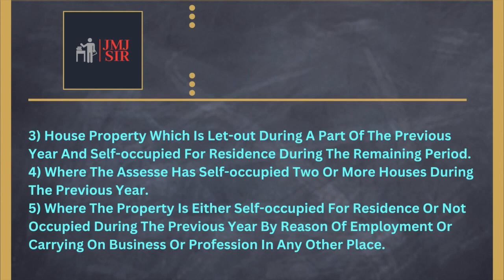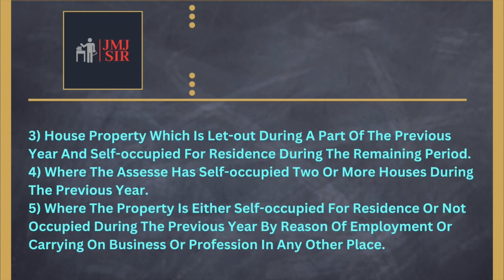House property which is let out during a part of the previous year and self-occupied for residence during the remaining period, where the assessee has self-occupied two or more houses during the previous year, and finally where the property is either self-occupied for residence or not occupied during the previous year by reason of employment or carrying on business or profession.